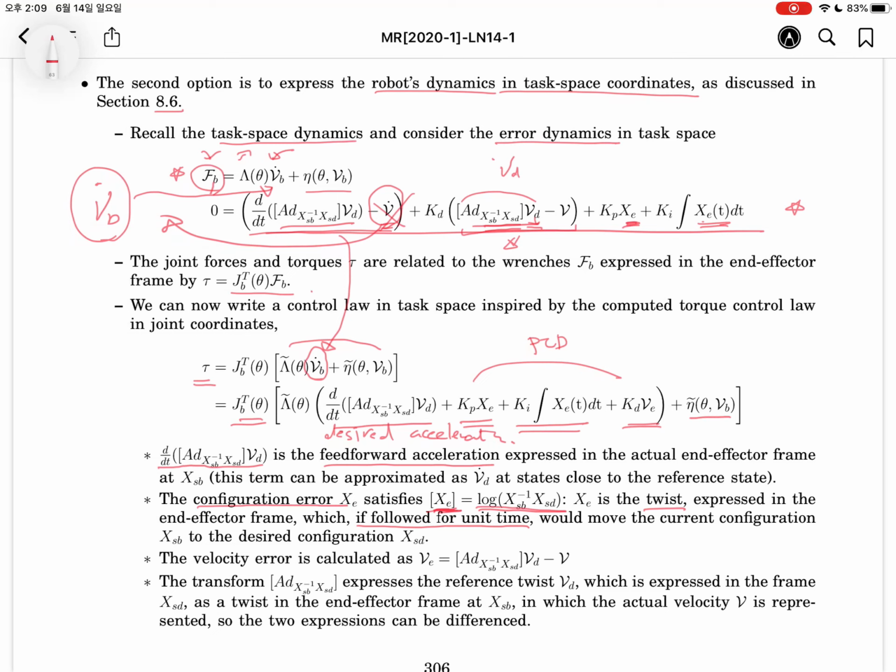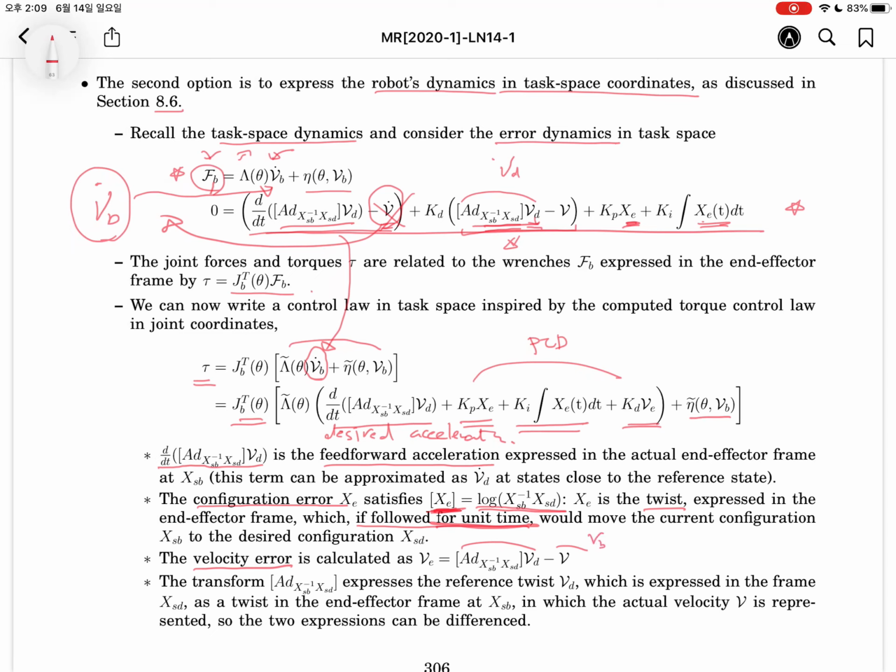So this will be used as a twist per unit time. Okay, velocity error. Maybe you know that this is the desired twist in terms of the body frame. This is the actual body twist.